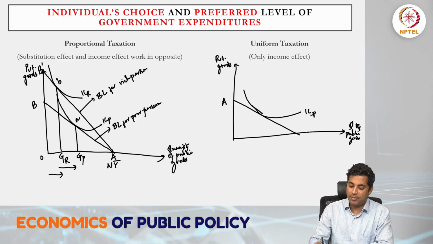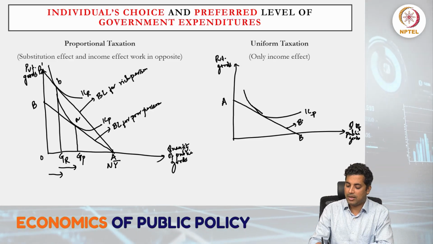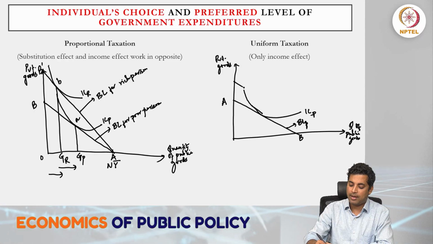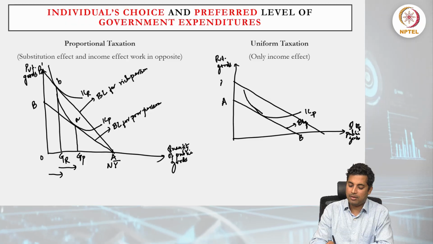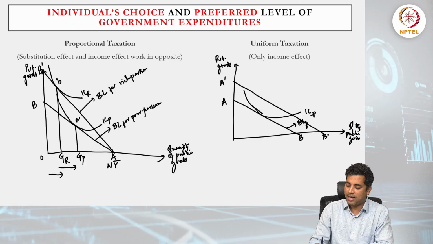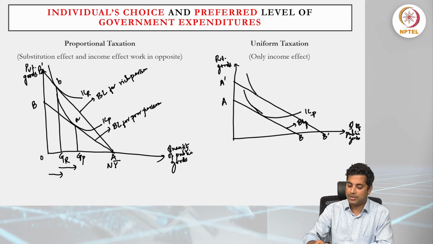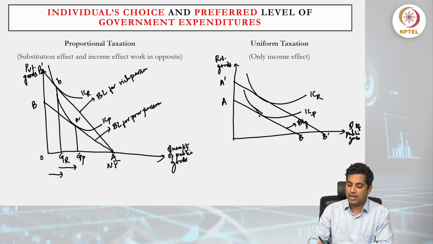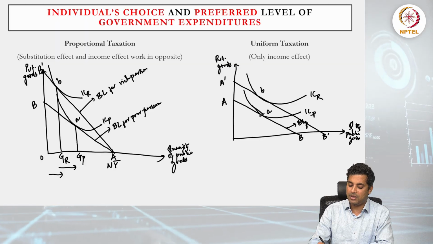Say AB is the budget line for the poor person, and A dash B dash is the budget line for the rich person, and then you see here the indifference curve for the rich person. Again we get two tangent points, one is A and one is B.